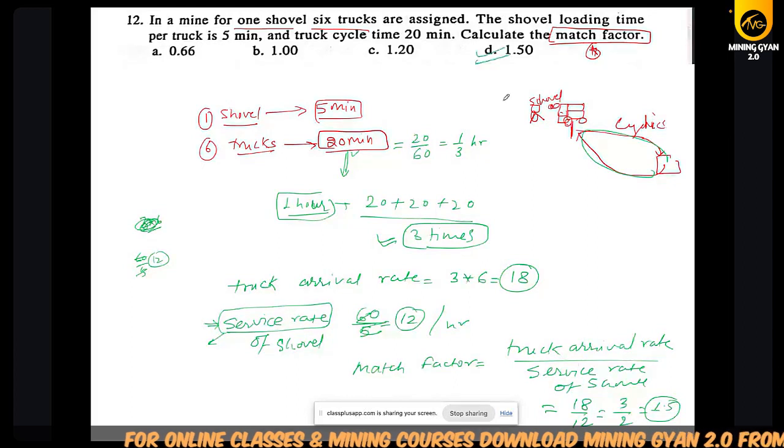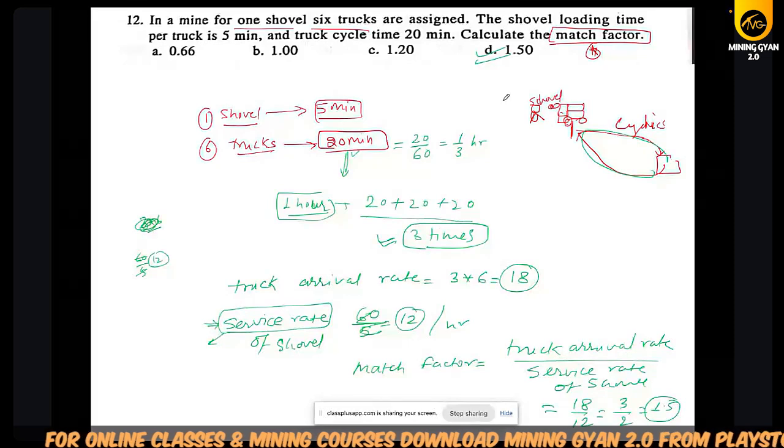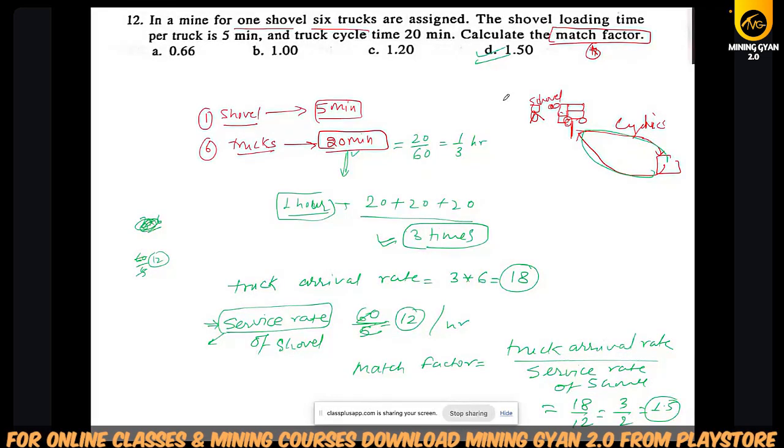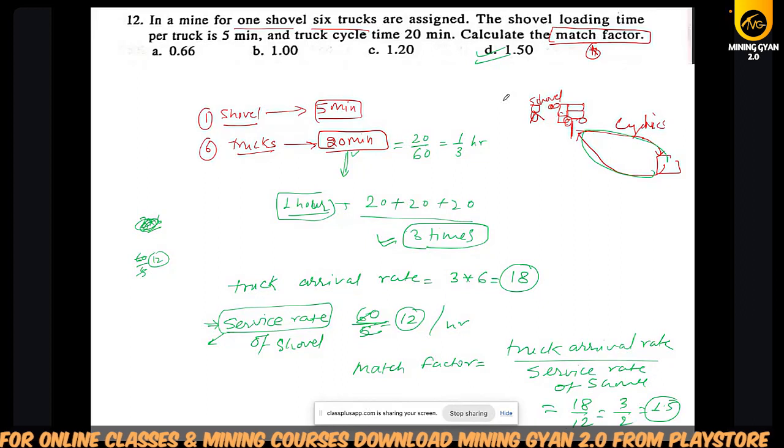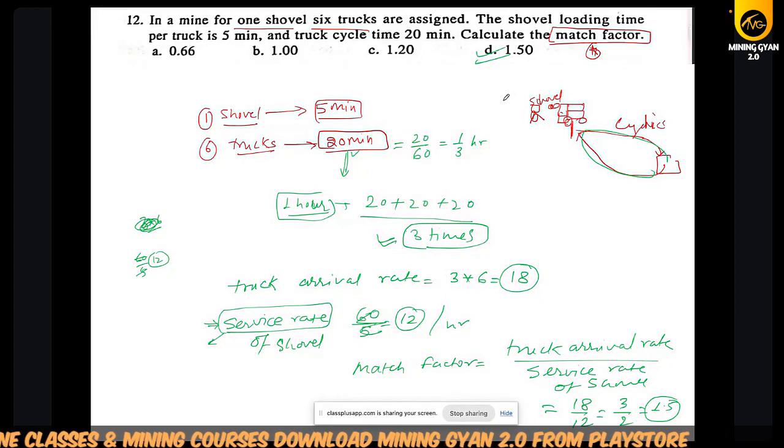So in this question, he has given us one shovel and 6 dumpers. The one shovel can fill a dumper in 5 minutes. So in 1 hour, how many dumpers can it fill? 60 divided by 5, so the service rate of the shovel is 12. In 1 hour, a shovel can fill 12 dumpers.